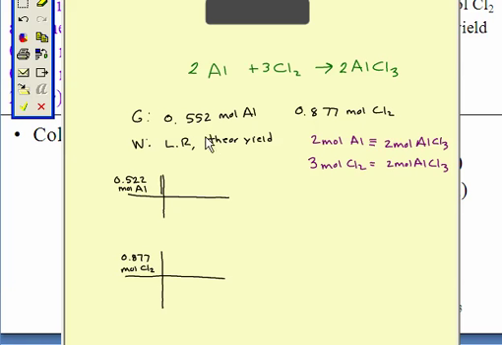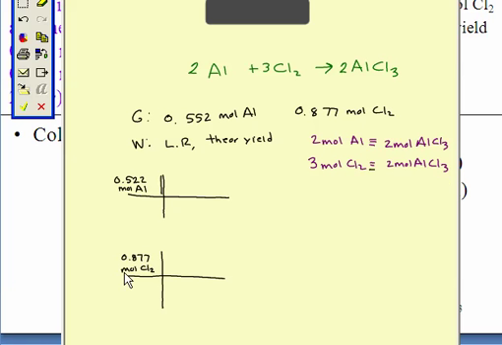Here's what we're given: 0.552 moles of aluminum, this reactant, and 0.877 moles of chlorine, this reactant. We're going to have to do a mole ratio with each reactant and the product. And here's the relationship between them. 2 moles of aluminum equivalent to 2 moles of aluminum chloride, 3 moles of chlorine equivalent to 2 moles of aluminum chloride.